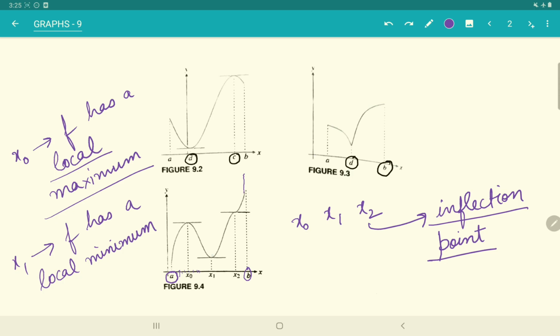What it means is that the value of the function at x1 is lower than at all neighboring points. x2 is a stationary point, but it is neither a local maximum nor a local minimum. That is why x2 is called an inflection point.